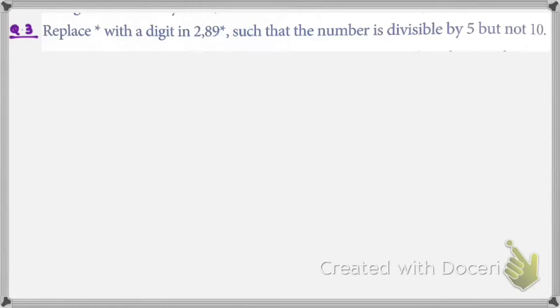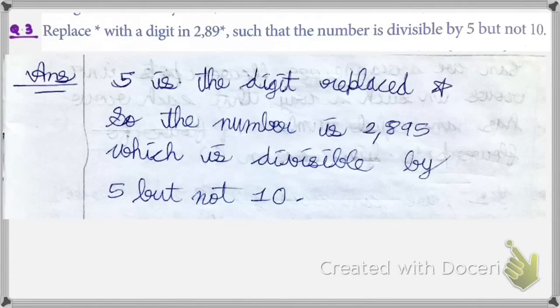So students, the answer to this question is 5 as the digit replacing the asterisk, so the number is 2,895, which is divisible by 5 but not by 10, because we do not want this number to be divisible by 10. If you replace the asterisk by 0, it will also be divisible by 10, and we do not want that. So this is your answer.